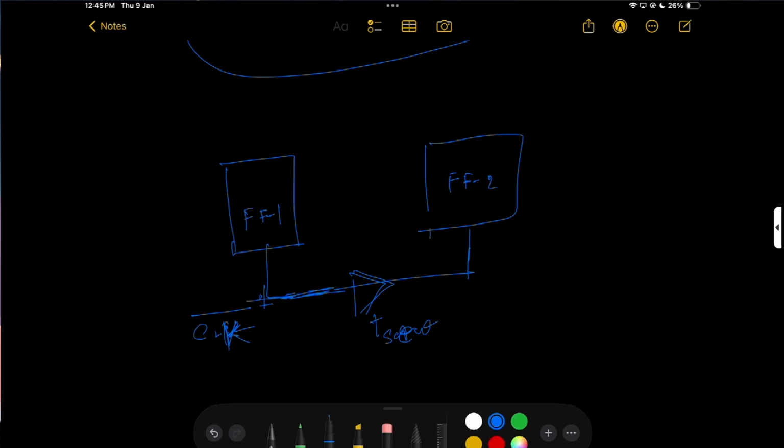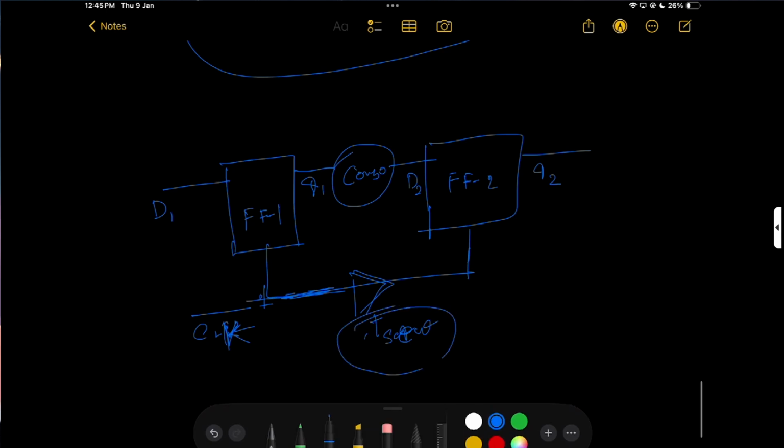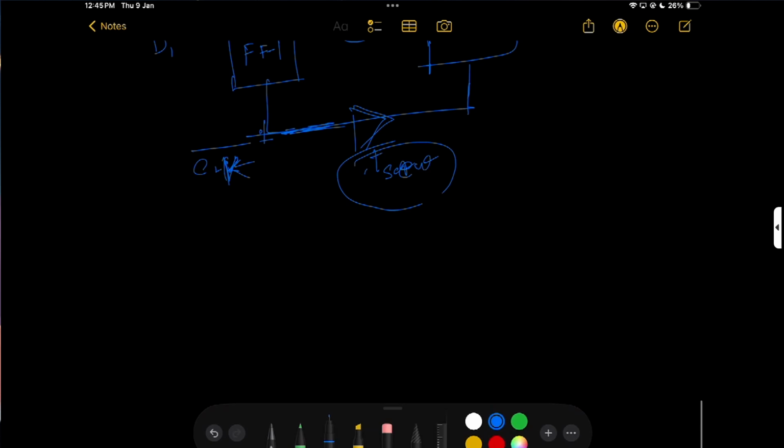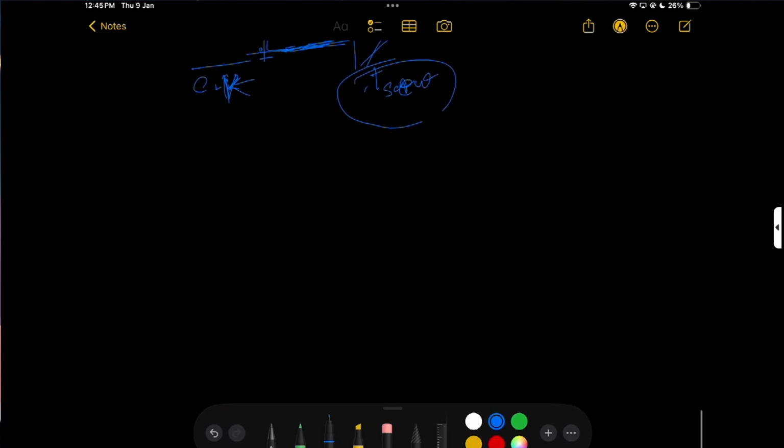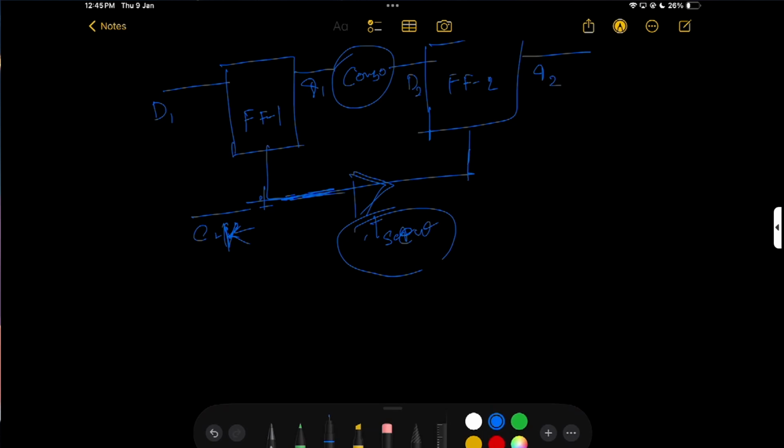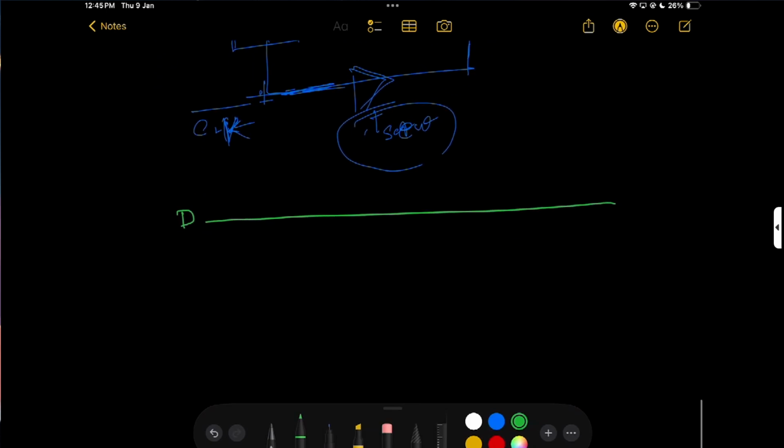This is my clock, and this goes to here, and here some combinational delay T combo. So this is my D1, this is my Q1, this is my D2, and this is my Q2. And here is T skew. So what happened by adding T skew? Initially my clock is like this; suppose I take a constant input, that is D1, and my clock is coming here.